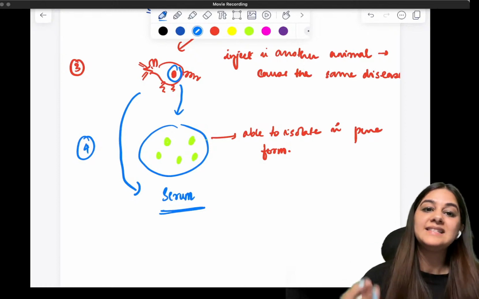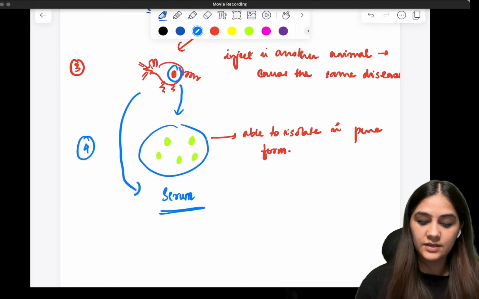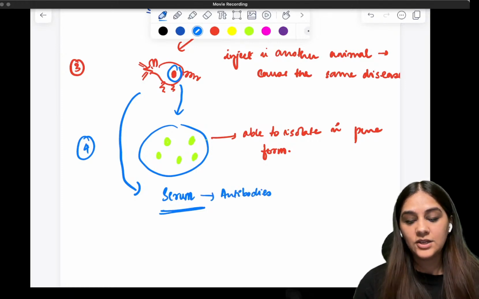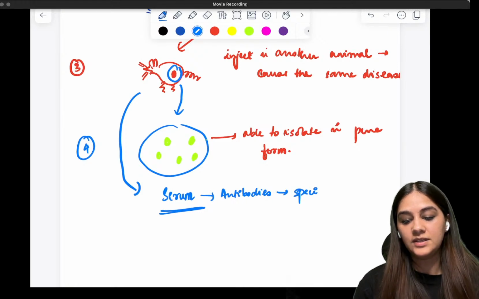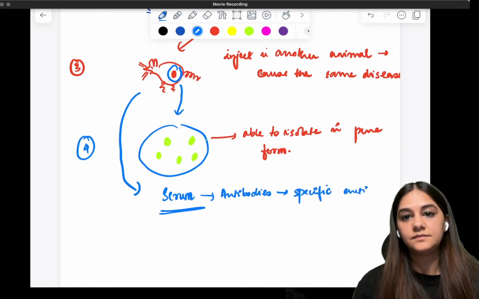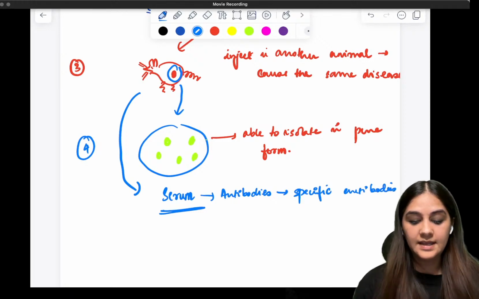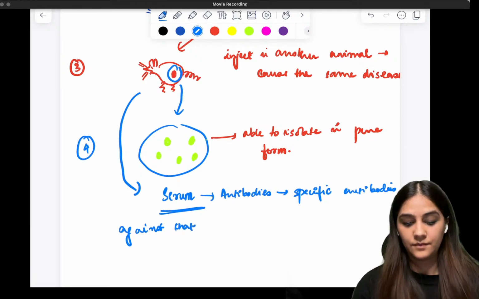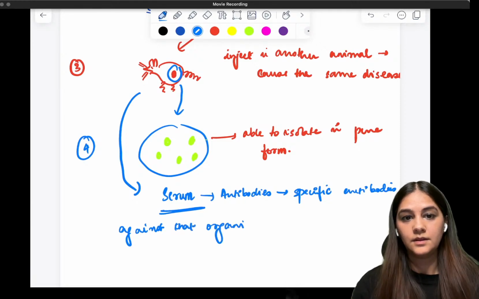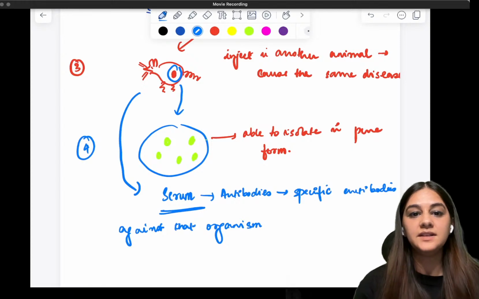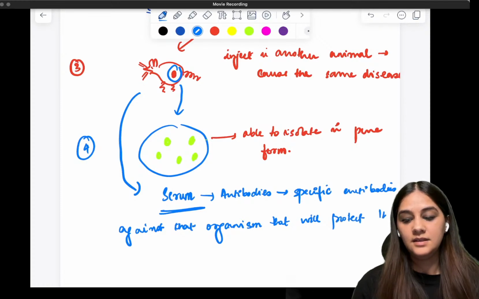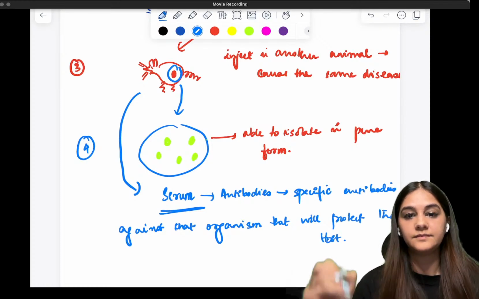So if I take serum from this mouse, right, and I check for the antibodies, I should have specific antibodies against that organism that will protect the host, right?